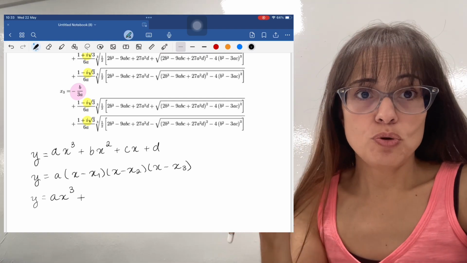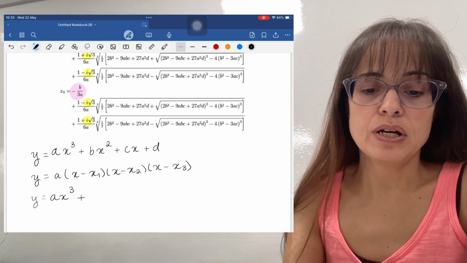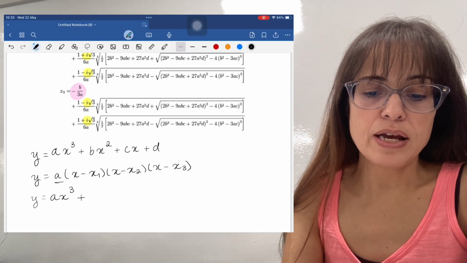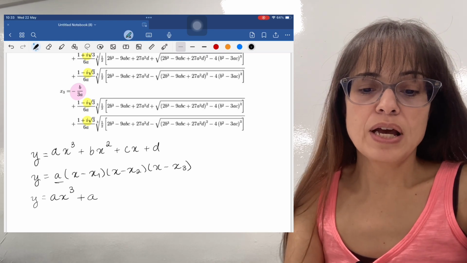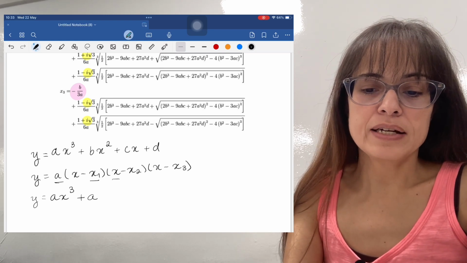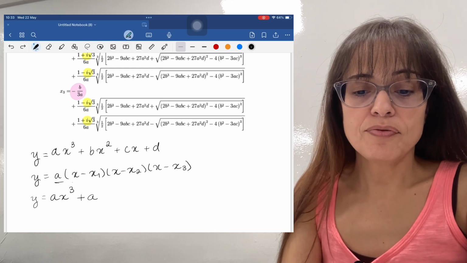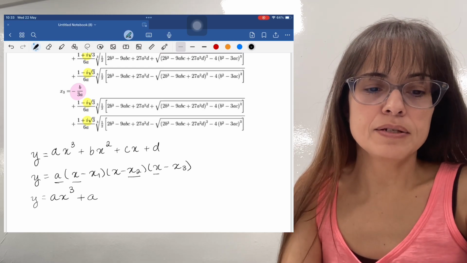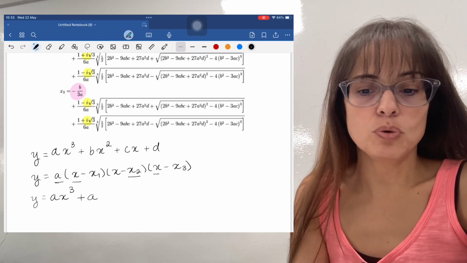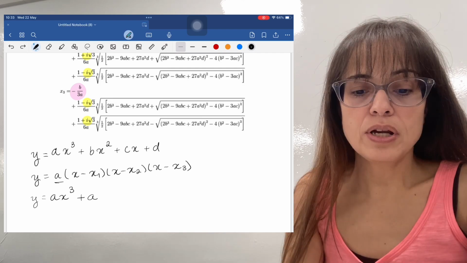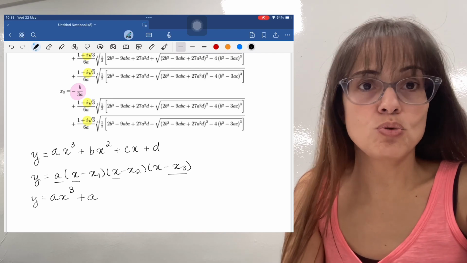But when we want to make the x squared term, we're always going to need an a. But then sometimes we're going to have x1 xx, which is x1 times x squared. Or maybe we have x x2 x, which is also an x squared, but this time the coefficient is x2. Or we can have x x3.